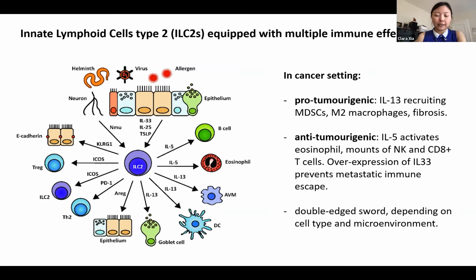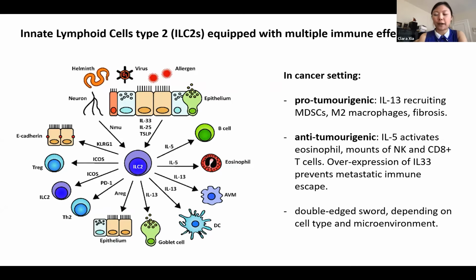On the other hand, ILC2s can also have anti-tumorigenic effects. IL-5, the cytokine, can activate eosinophils, which release potent granules that are effective at eliminating neoplastic tumor cells. It can also recruit NK and CD8 T cells, which are key in anti-tumorigenic processes.